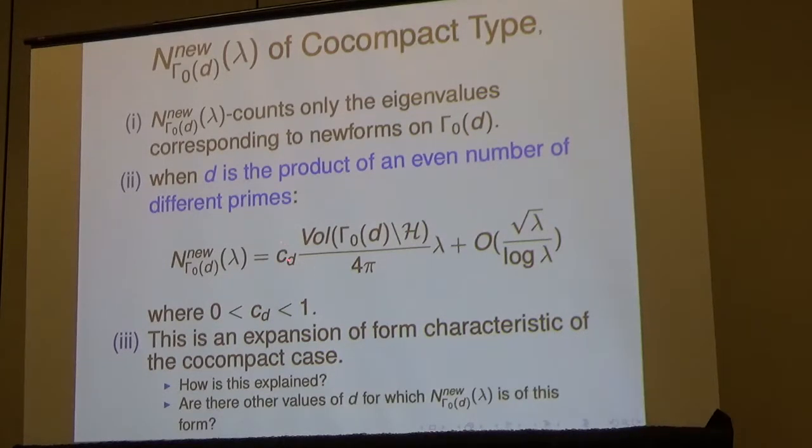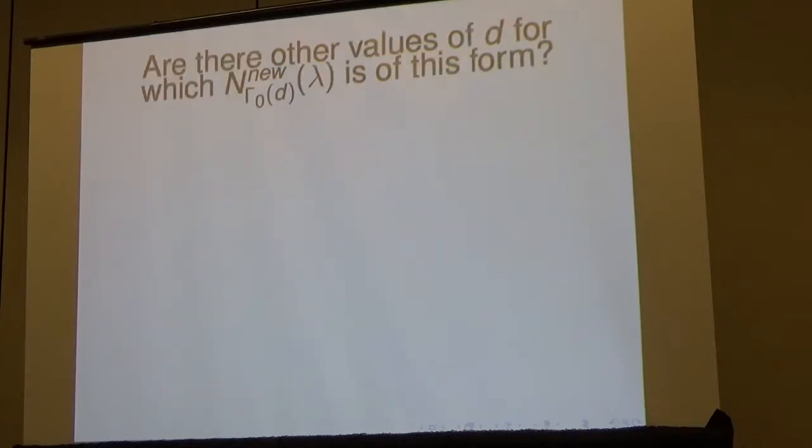And moreover, are there other values for D, not a product of an even number of different primes, which give rise to an asymptotic expansion that looks like that? Okay, so the question: are there other values for D for which N gamma 0 of D new of lambda is of this form?